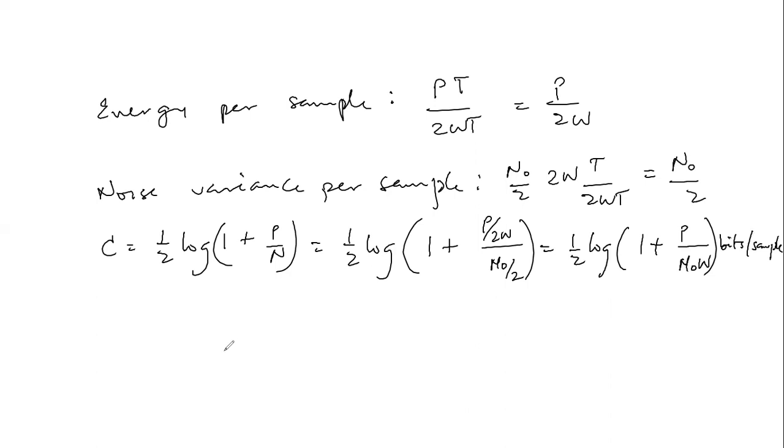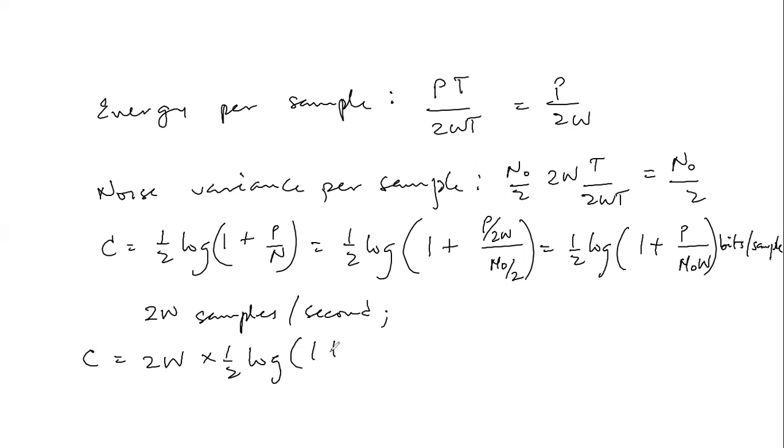Now, since we have twice the bandwidth samples each second, we have 2W samples per second, then the capacity can be rewritten as C equal to 2W times 1 over 2 log 1 plus P over N naught W. Okay?